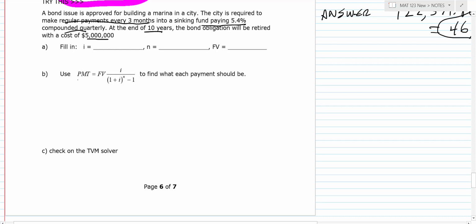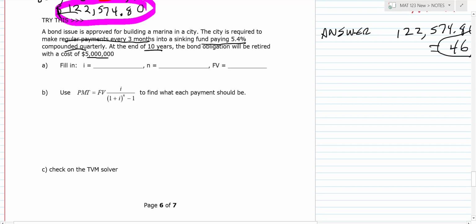So we're going to plug everything into the formula first, then look at the TVM solver. First of all, in this problem, what is the future value? That's going to be the $5 million. That's what you're going to end up with in your fund.